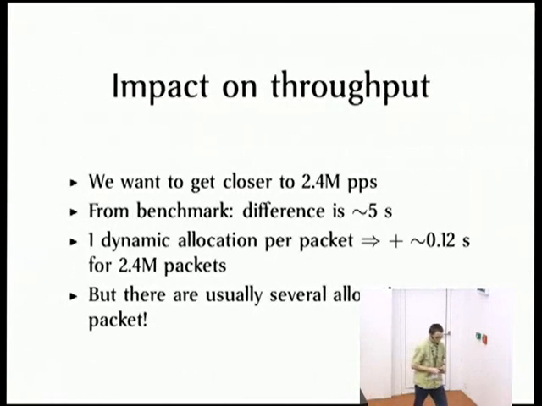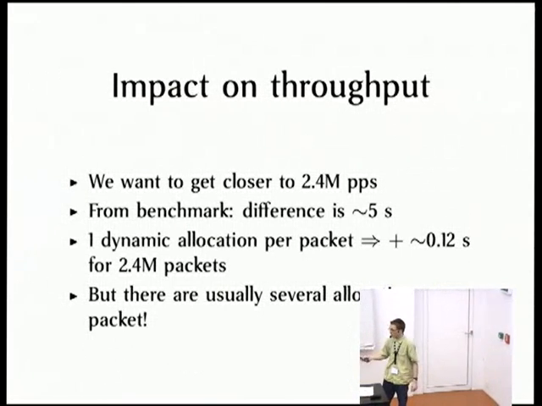Because if we want to achieve performance of our application which would be able to handle 2 million packets, and we counted this result through packets, we'll find that we would need about 1/8 of a second just to allocate one piece of memory per packet, which is quite a lot. Because we usually don't do just one allocation per packet.